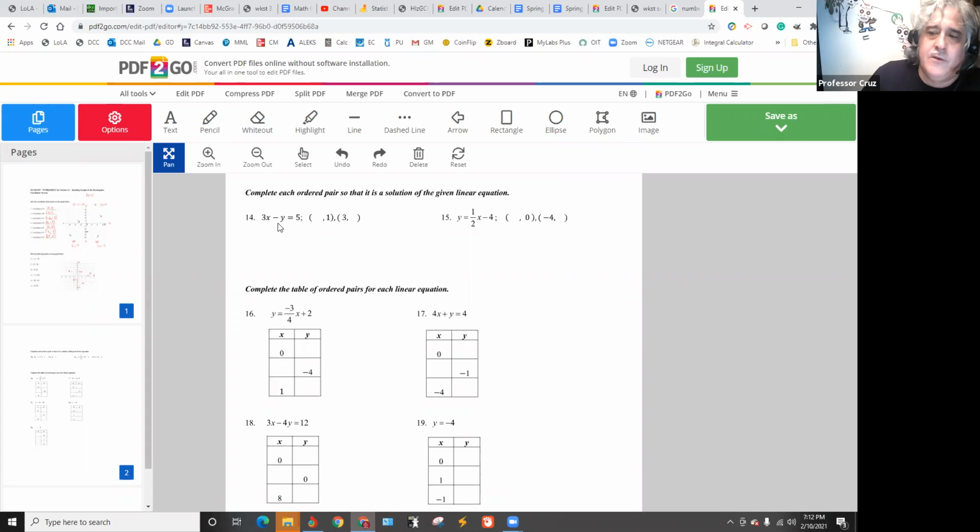This is similar to ones that you had seen, and then we solve for y. Now here's one that's solved for y. This is what we call standard form. This is what we call slope intercept form. Because if I've got it solved for y, I've got the slope and I've got the y-intercept.